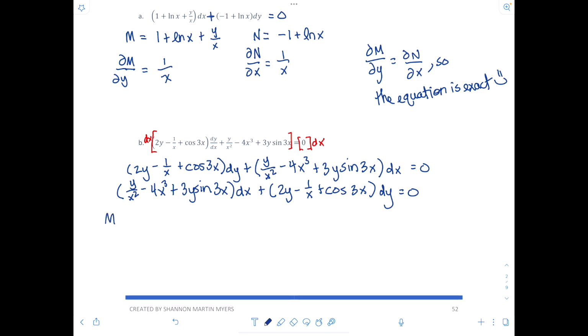Now we can identify m as y over x squared minus 4x cubed plus 3y sine at 3x.